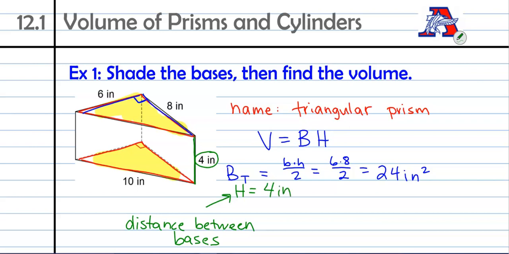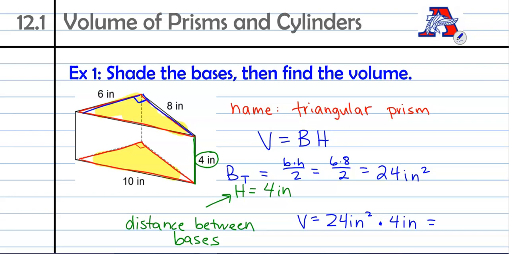Okay, so now when we go back to find our total volume, we have our base, which is 24 inches squared, times 4 inches. And I left the units in there to show you why it ends up being inches cubed. Because we have inches squared times inches, so altogether we have inches times inches times inches, 3 times.